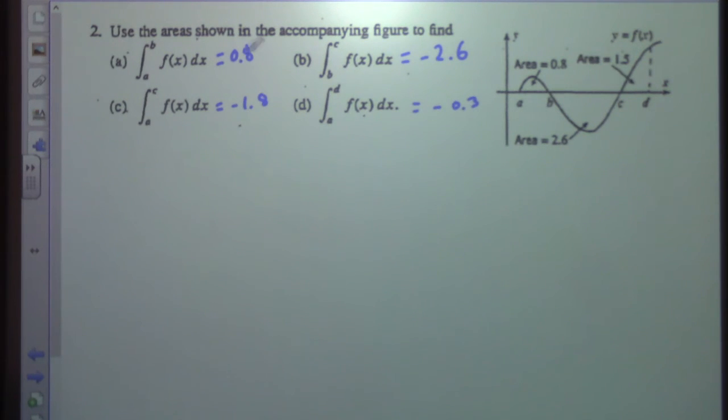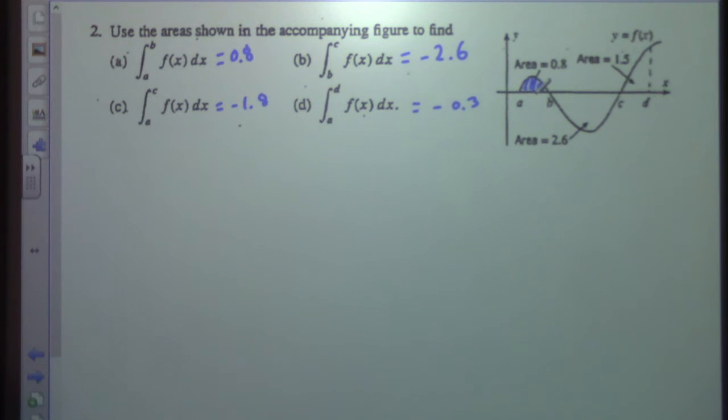So here, do you understand this one here? Okay, because what it is, it's the area under the curve between x equals A and x equals B. So this is the whole area here that's in blue. That's what that is.